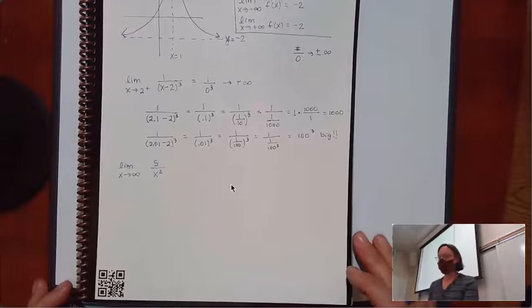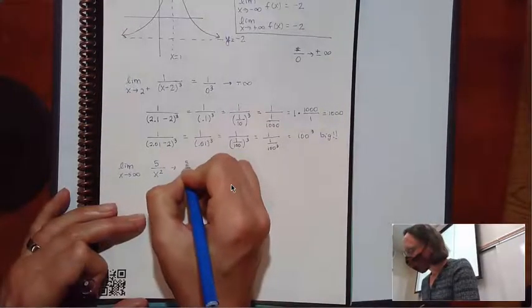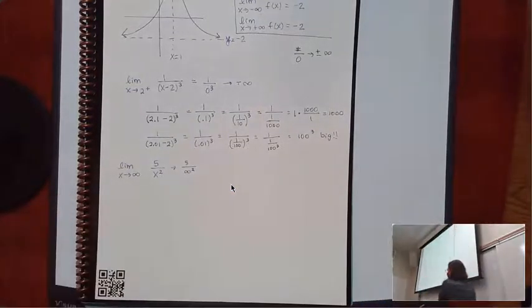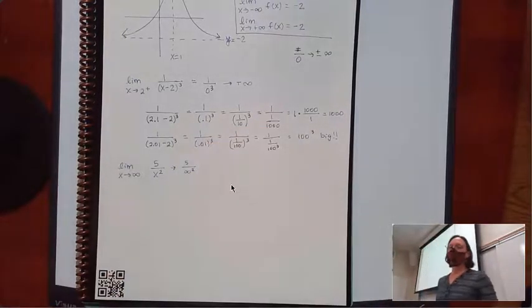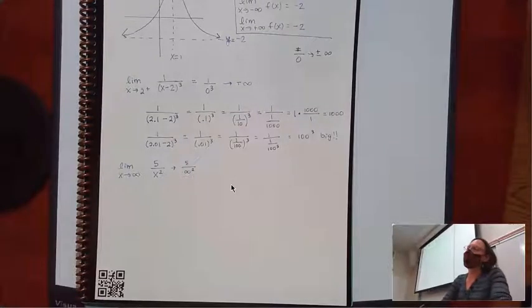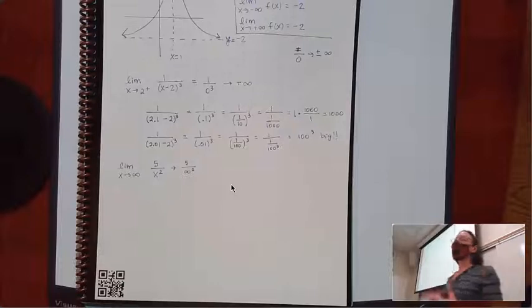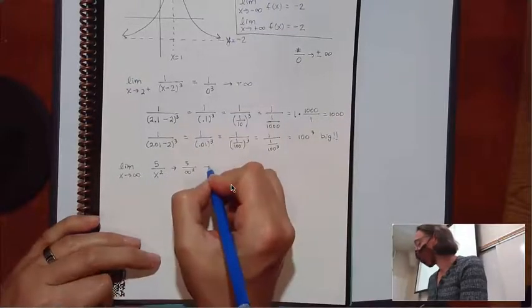But if I plug it in, that's going to look like 5 over infinity squared. And I think we maybe talked through something similar to this last week. But if I had $5 and I tried to share it with everyone on the planet, nobody gets any money. Because 5 divided by infinity is going to 0.